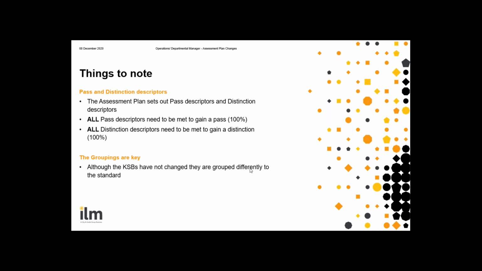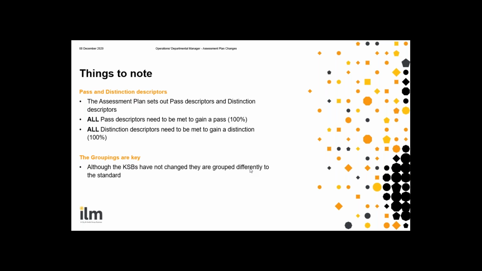We have pass and grading descriptors, and it's a very robust and rigid assessment method, where, following the assessment plan, in order to achieve a pass, all pass descriptors need to be met 100%, and in order to achieve a distinction, all the passes and all the distinctions will need to be met.